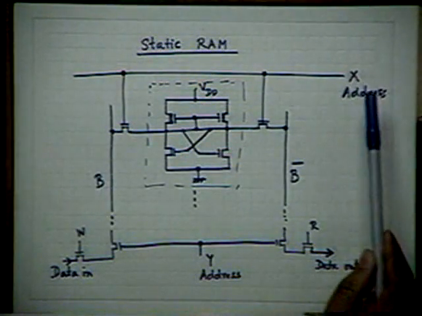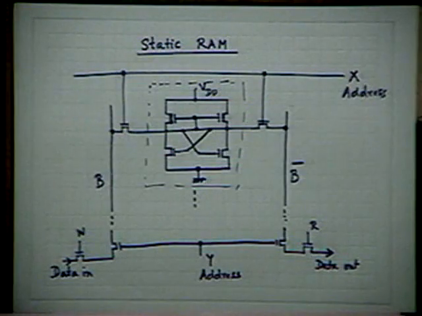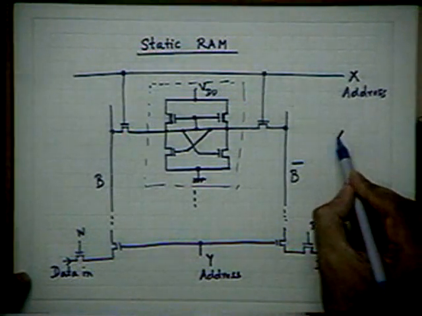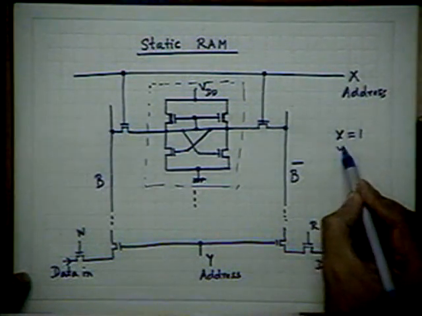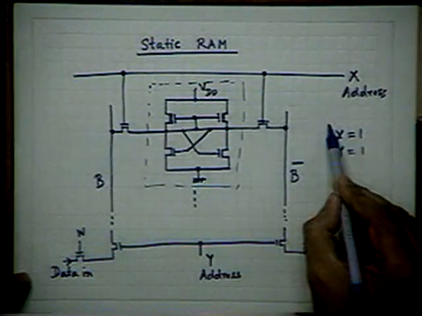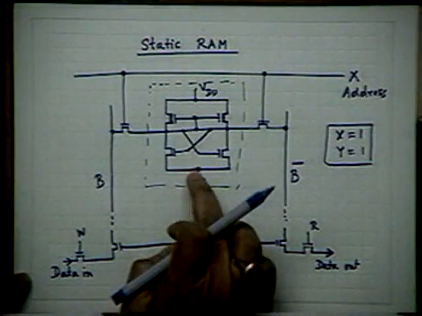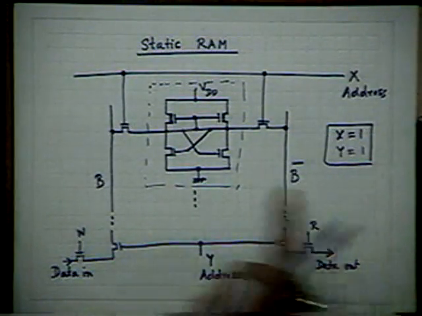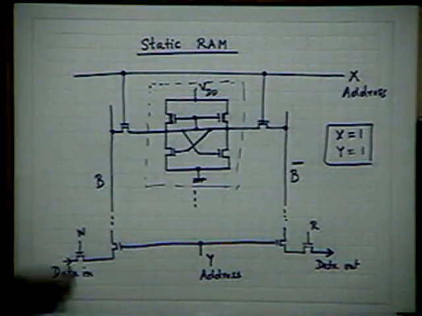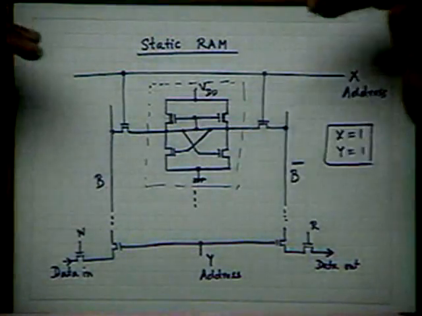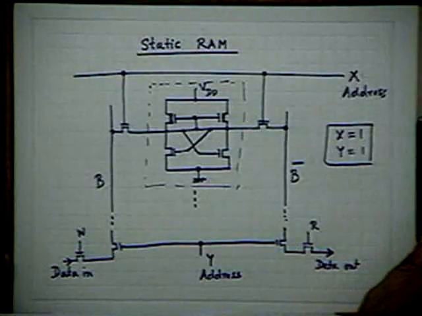You see that if I make X high and Y high, X1 and Y1, it means you have access to the particular memory element. X is a particular row. There are hundreds of such rows. I have shown only one row.